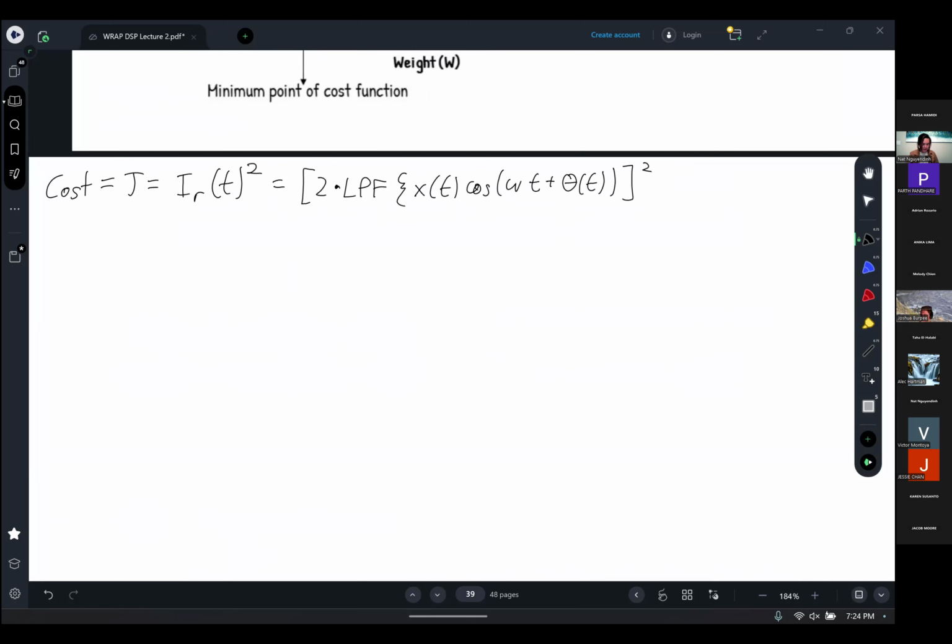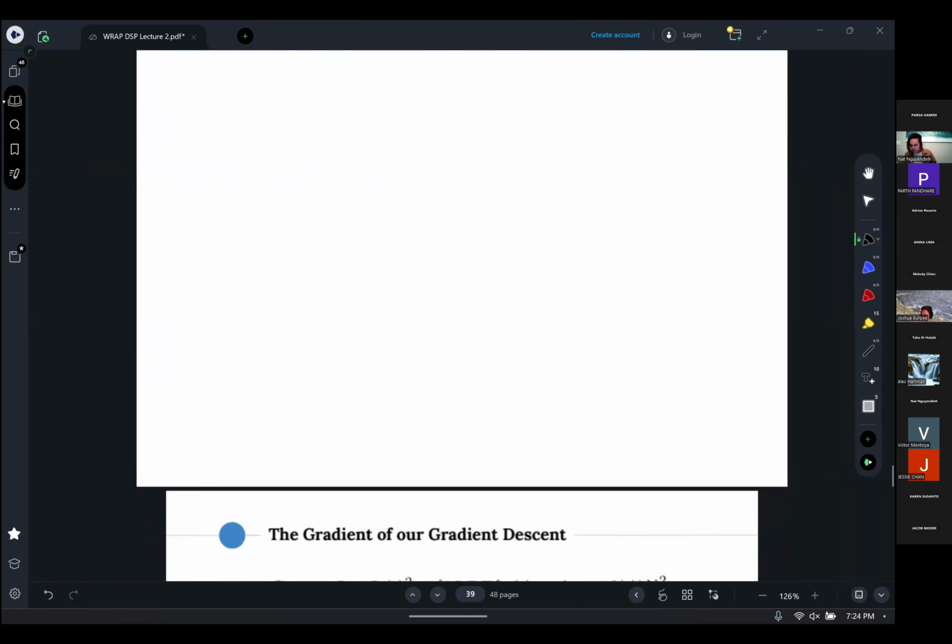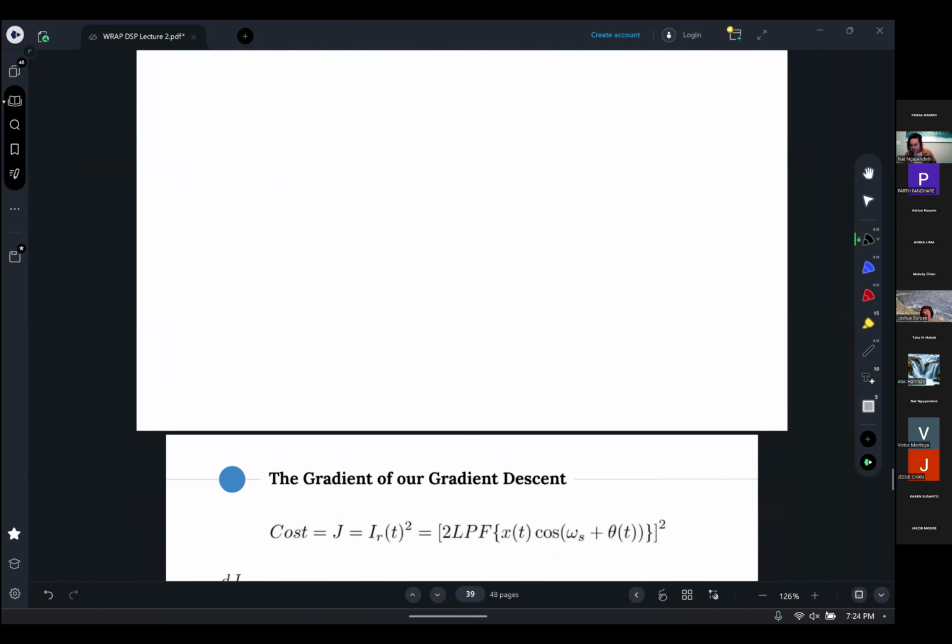Sorry, can I ask a quick question? Oh yeah, go ahead. On the next slide where you have it typed out, you have a cosine omega s and no t plus theta t. So is there a t or is there no t? That is a mistake. I believe there's a t there.